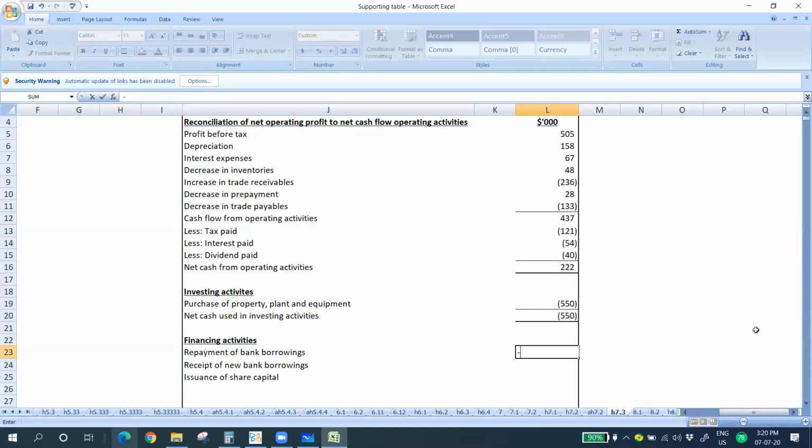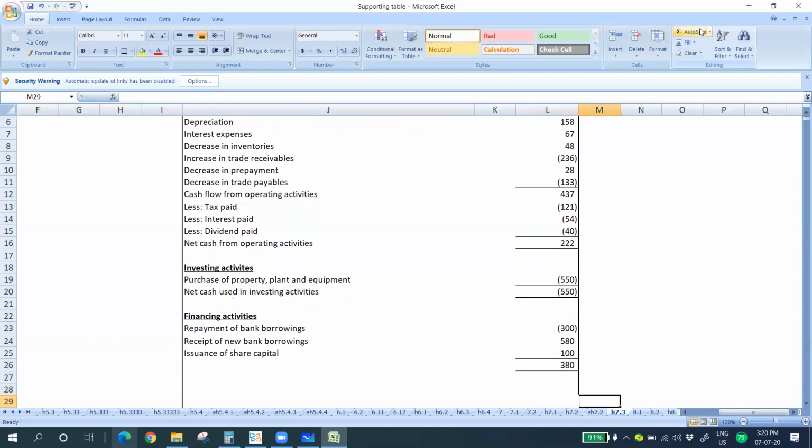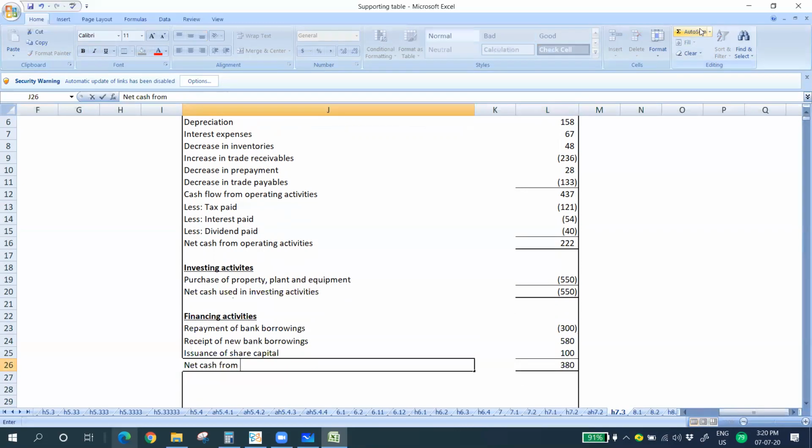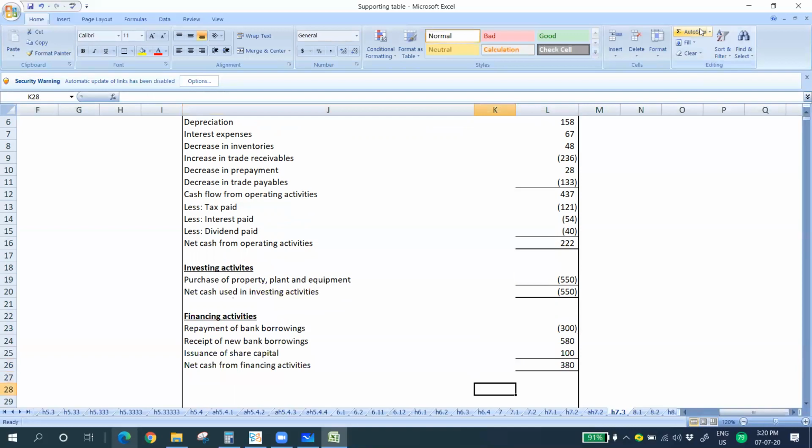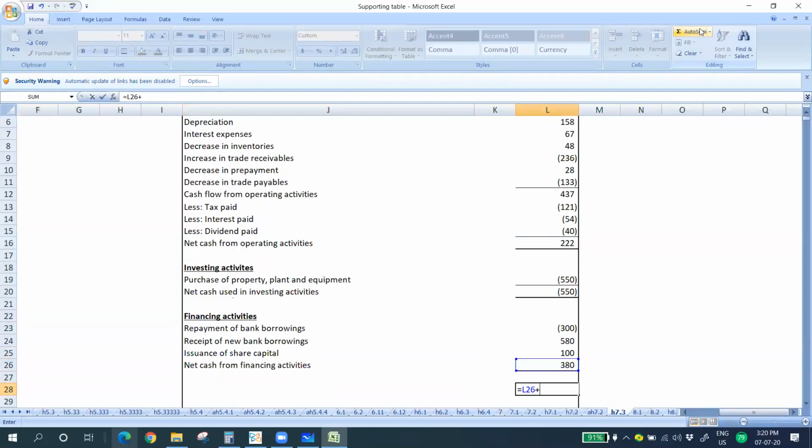So we make a payment of 300. We collect 580 from the bank. For the issuance of share capital, we receive 100. So the total is 380. So this is net cash from financing activities. Right? So when you finish your financing activity, you add these three amounts together.